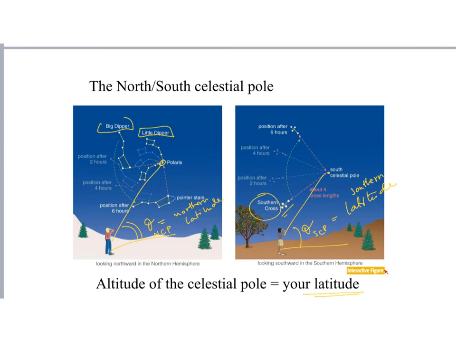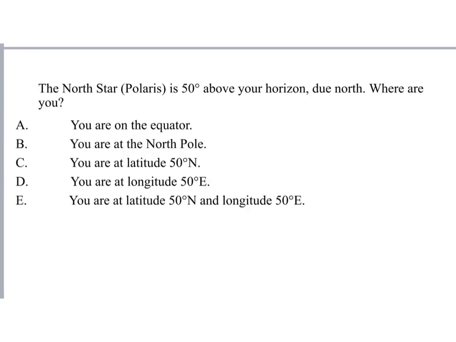Very useful, isn't it? So now you would be able to answer questions like this. Say you're somewhere on the surface of the earth and you identify Polaris, the North Star, and you measure that angle above the horizon to be 50 degrees, and that's due north.